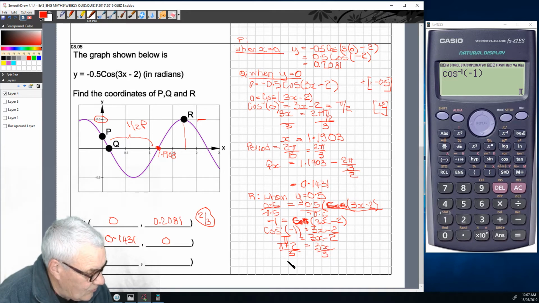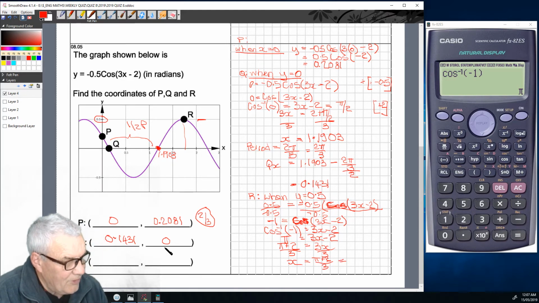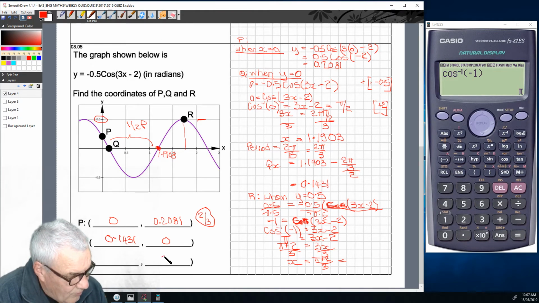So x equals pi plus 2 over 3, and remember that the y value here is 0.5.